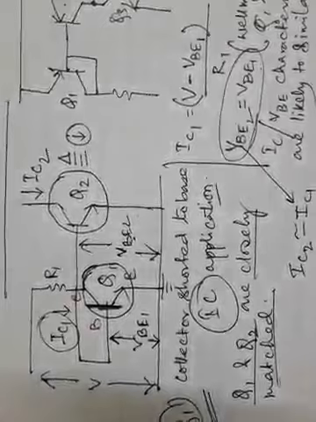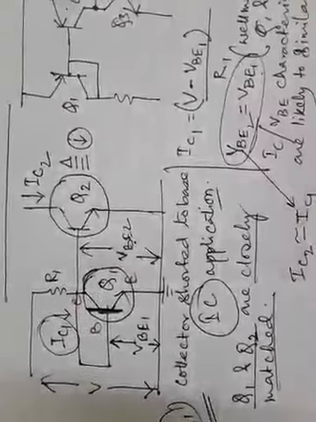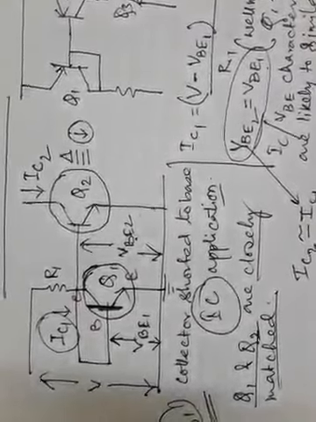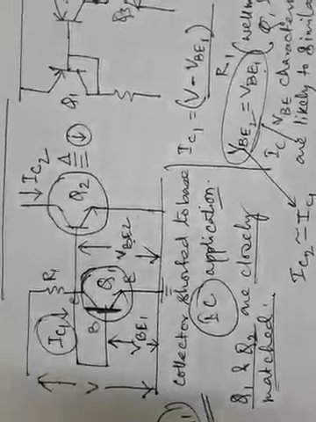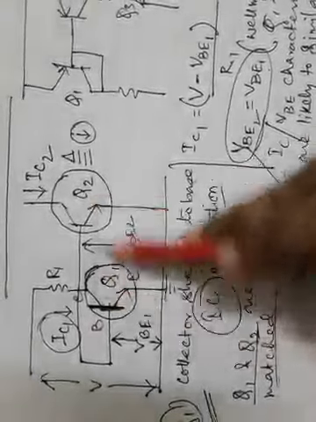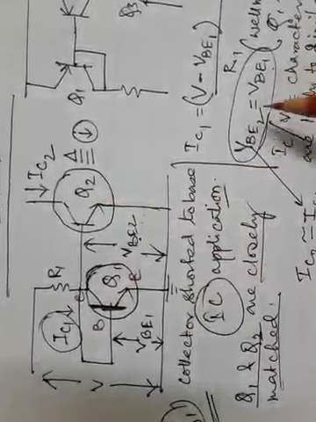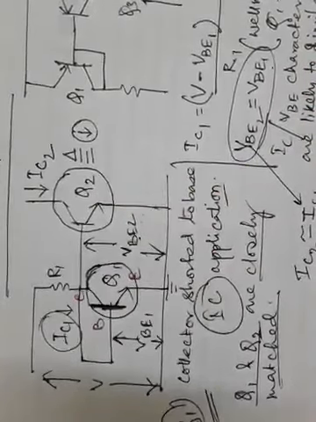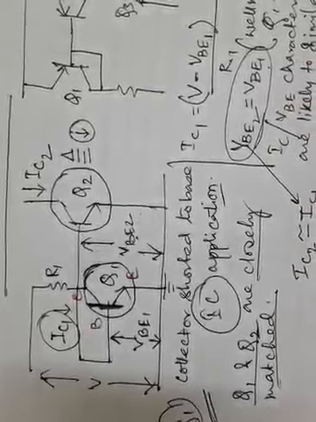Okay, because of this current mirror, one thing I have missed to explain is why the name current mirror has been given. Since Q1 and Q2 are well matched, and VB1 equals VB2, resulting in IC1 equal to IC2, that means their VB-IC characteristics are quite similar.